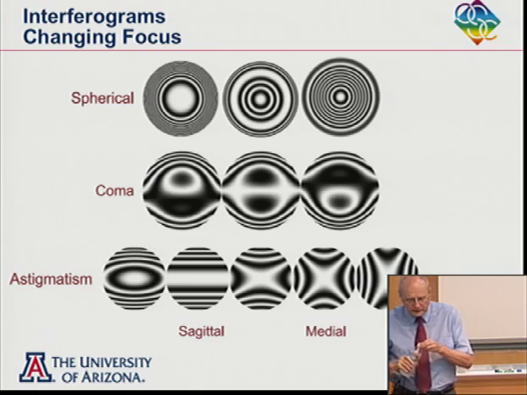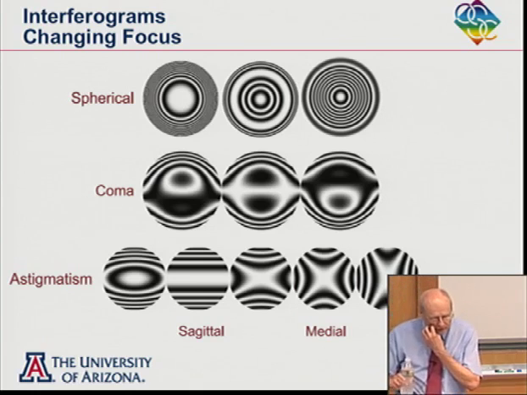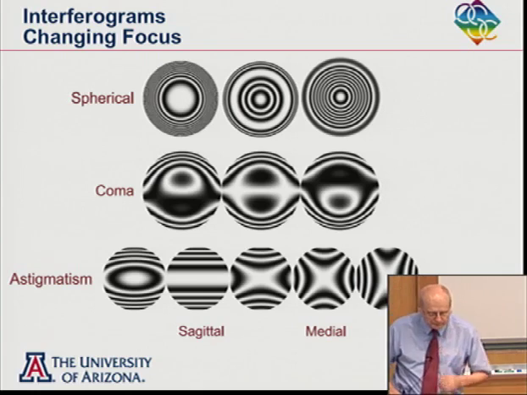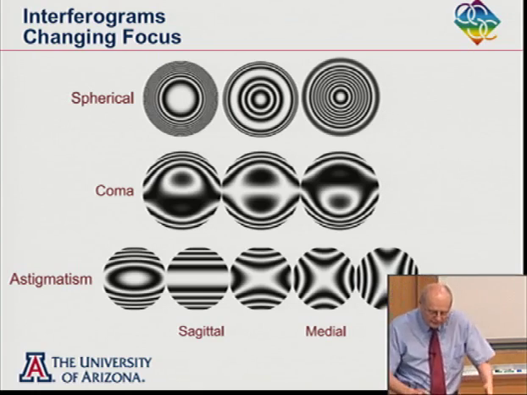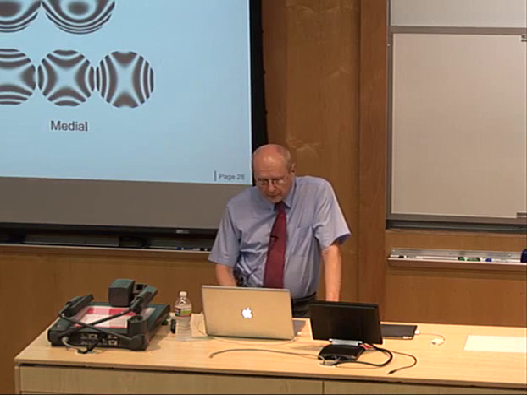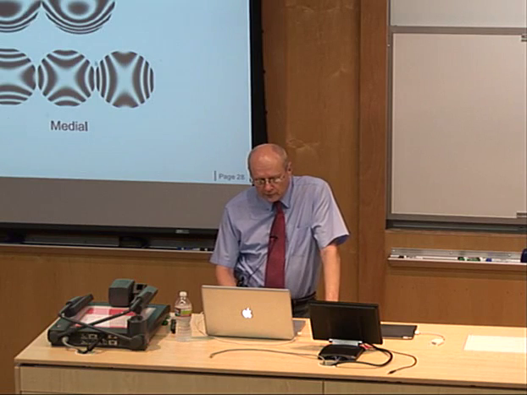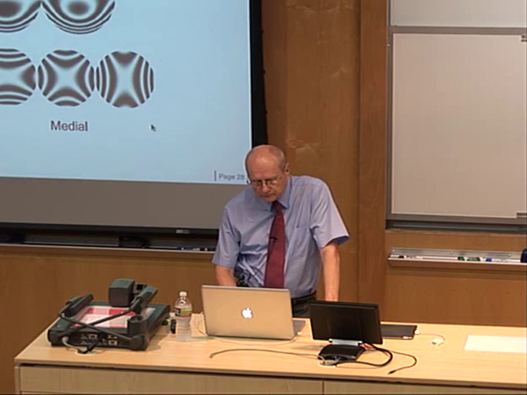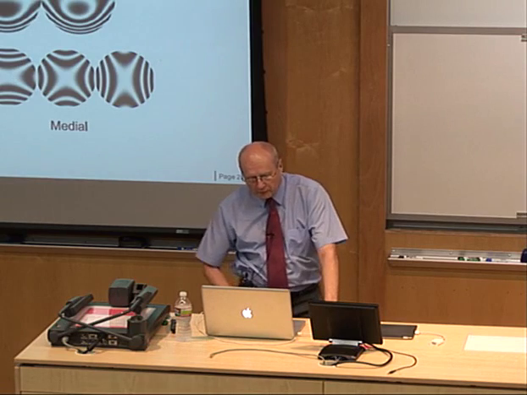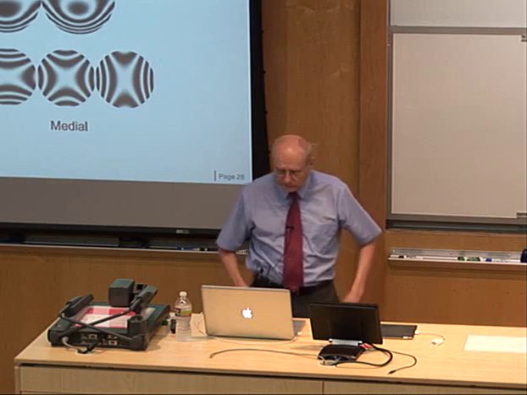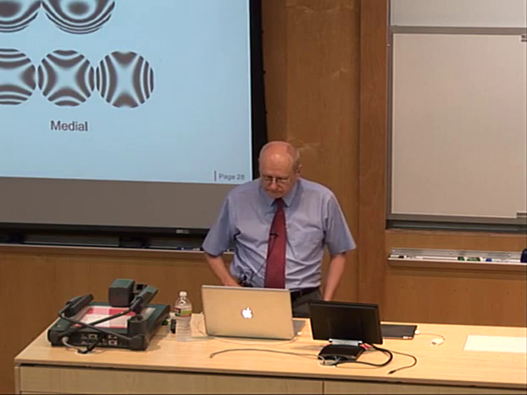Now, if you go to my website, I have that Fun with Mathematica section, which I've shown you before, where you can quite quickly calculate all these patterns and play with different amounts of aberration, defocus, tilts, and so on.